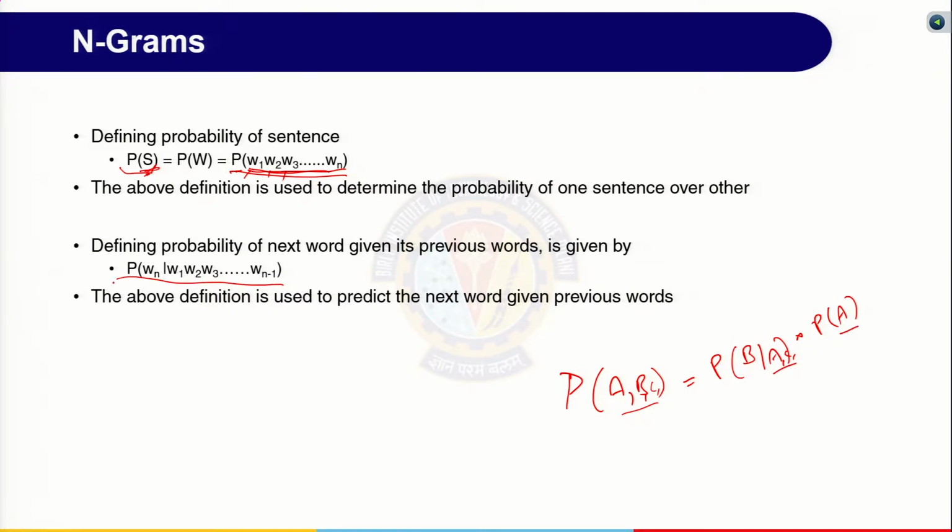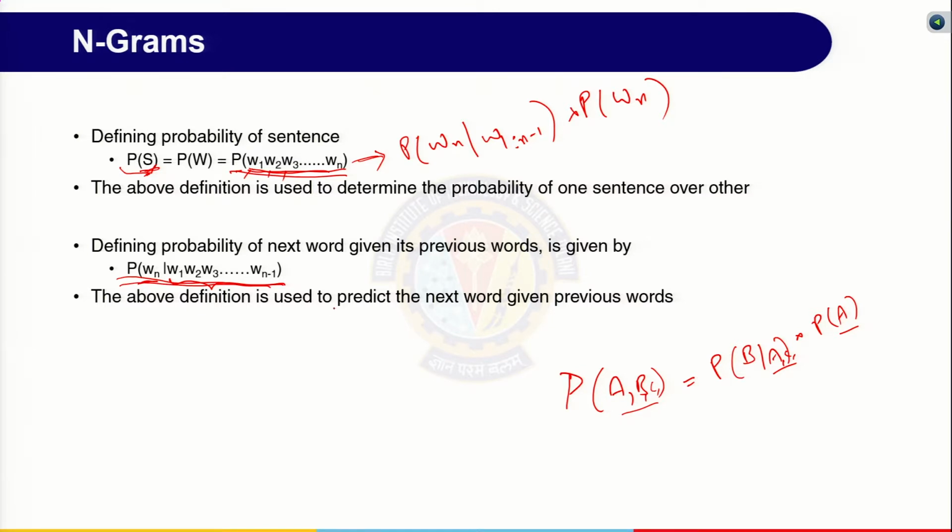So the next logical step is to ask what is the probability of the word n having seen all the words so far till n minus 1. If we can define that, then we can convert this joint distribution into two terms: the probability of word n having seen all the words so far, times the probability of seeing the words before it.